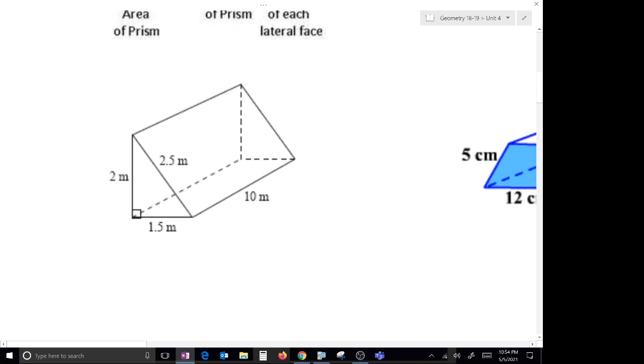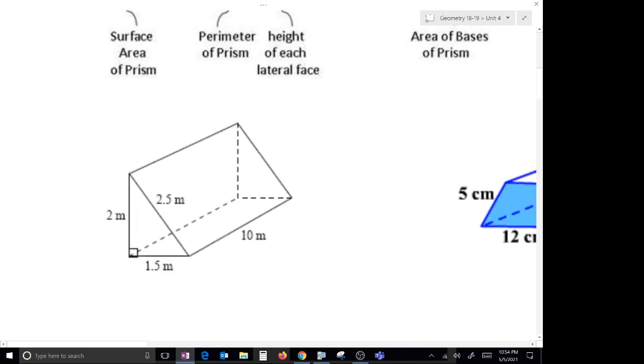So this first one here would actually be known as a triangular prism.